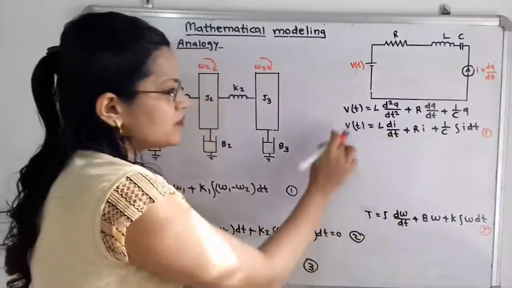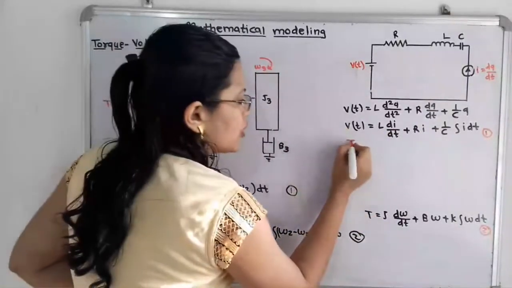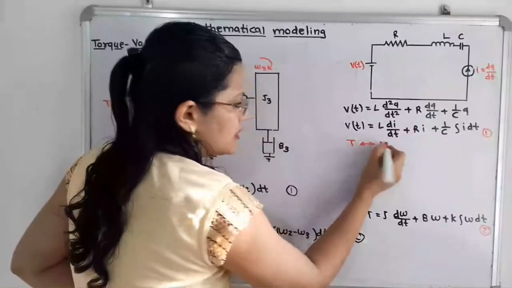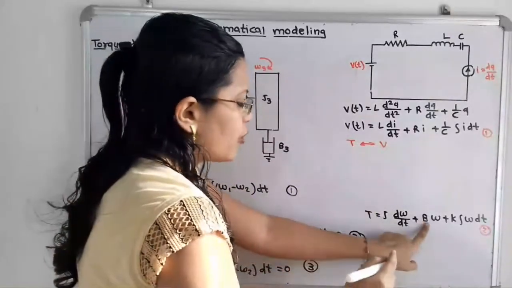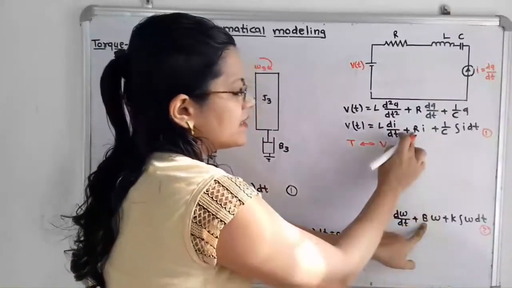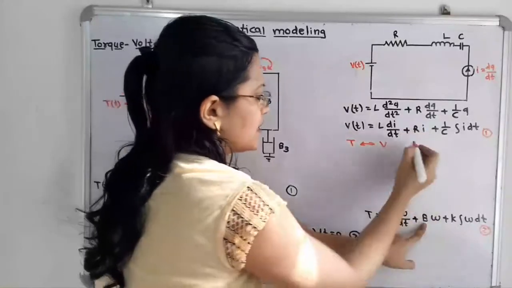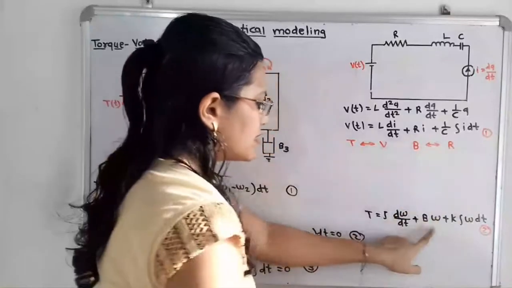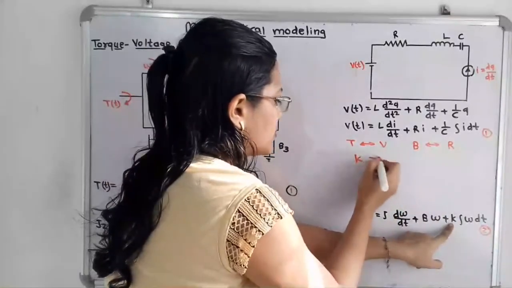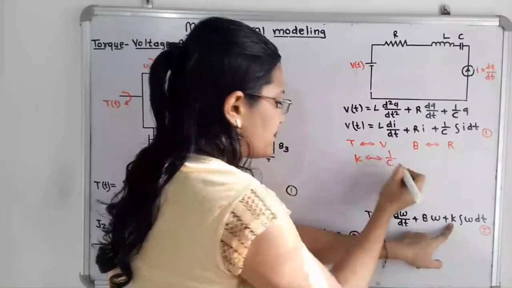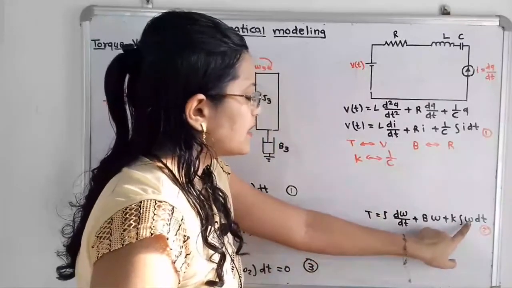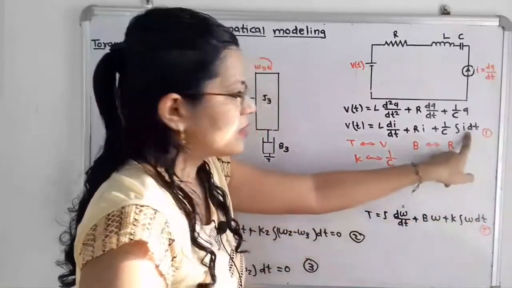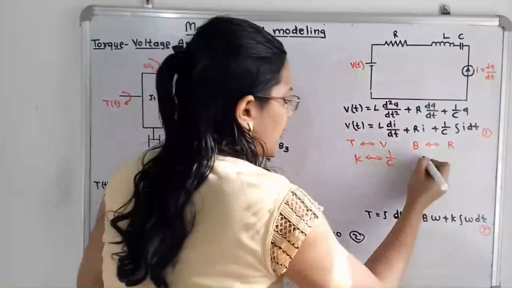Torque is input, voltage is input. So torque is analogous with voltage. Then for this B omega, and here is R and I. So B is analogous with R. Then K is analogous with 1 by C. Now integration of omega dt is analogous with integration of I dt.